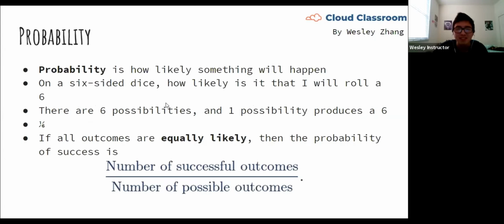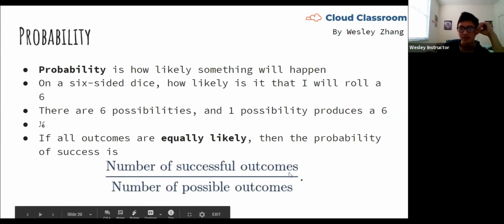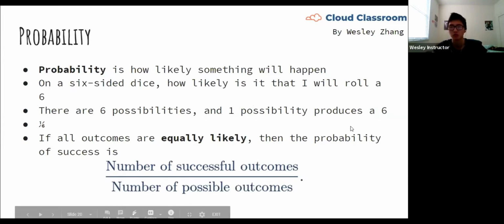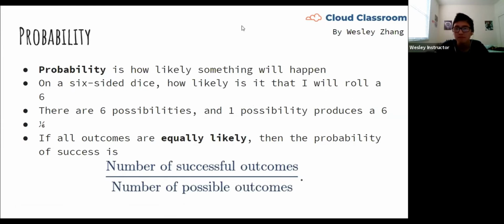All right, probability. So it is how likely something will happen. Pretty self-explanatory. So the number of successful outcomes over the number of possible outcomes. So on a 6-sided dice, how likely is it that I will roll a 6? There are 6 possibilities, 1 through 6, and one possibility produces a 6. There's only one 6 on the 6-sided dice.